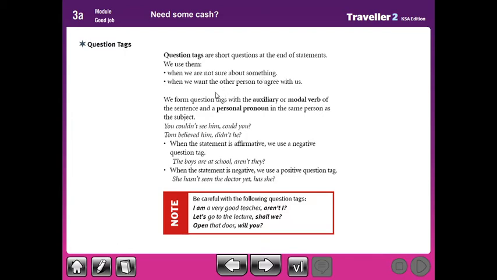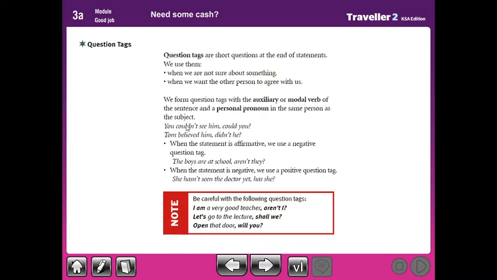To form a question tag, we need to read the statement carefully to decide if the statement has a main verb or auxiliary like am, is, are, was, were, do, does, did, have, has, can, will, would, may. With any of these verbs, making the question tag is easy.